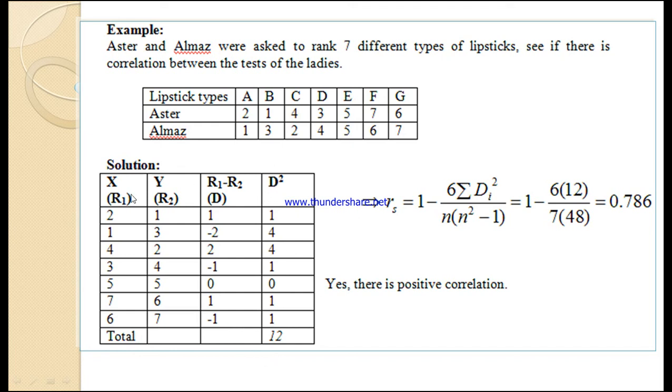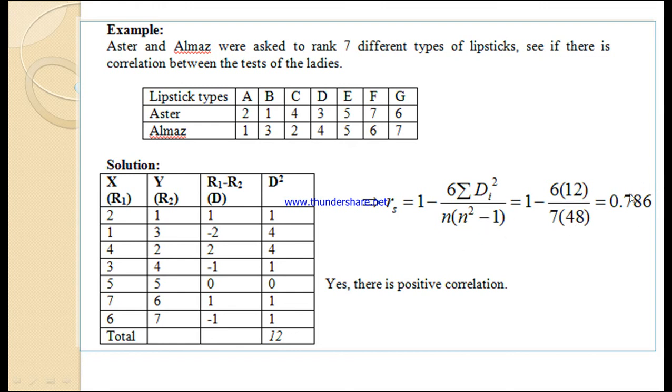Let us substitute these figures into r sub s. Therefore, r sub s is equal to 1 minus 6 times the sum of d squared, which is 12, over n times n squared minus 1. Here n is 7, the number of lipstick products, and n squared is 7 times 7, which is 49. So 49 minus 1 will be 48.